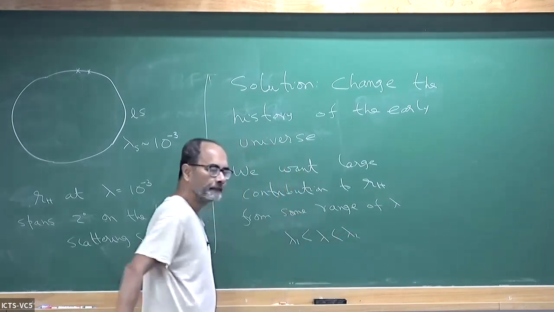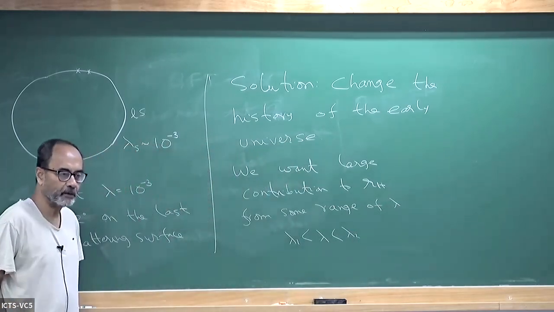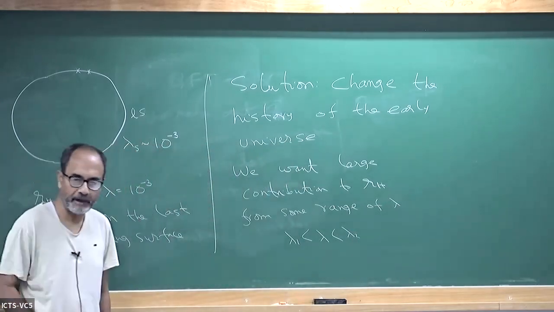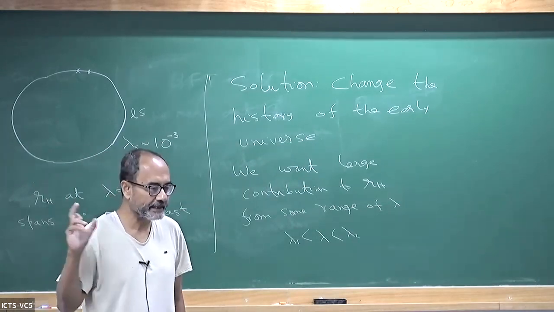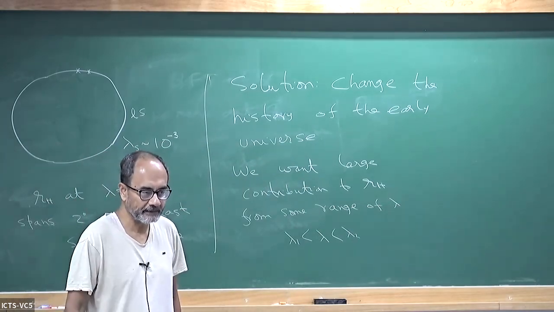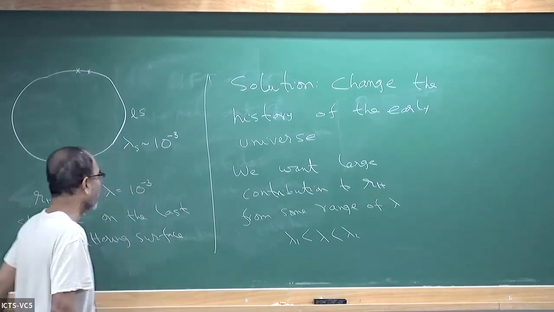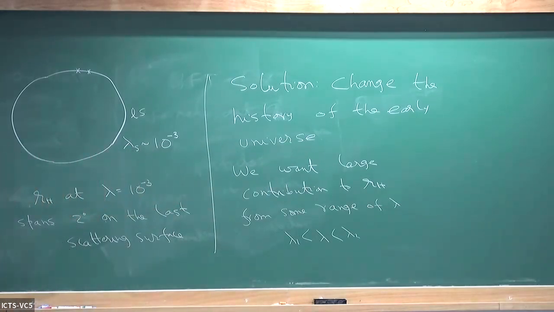Let's suppose that between lambda 1 and lambda 2 something drastic happened and you got some large contribution to this integral. That will solve the problem, if you could engineer it, because you need to add a large enough contribution to RH. Is that clear?